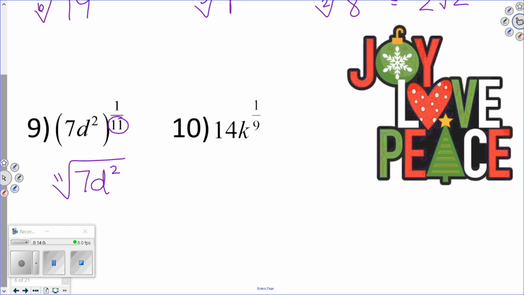This number is your root. This is your exponent. So it's like this entire thing is to the 1st. Does it really change anything? You don't need the parentheses. You can put them if you want them, but you don't need them. But no, she was absolutely correct.